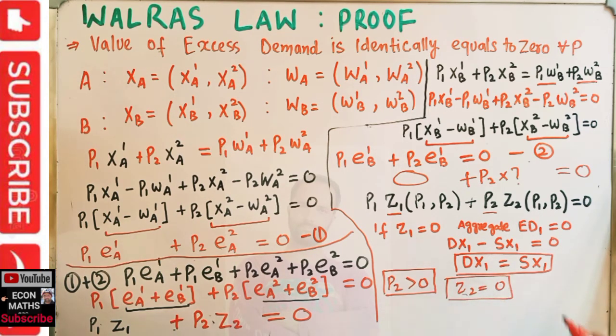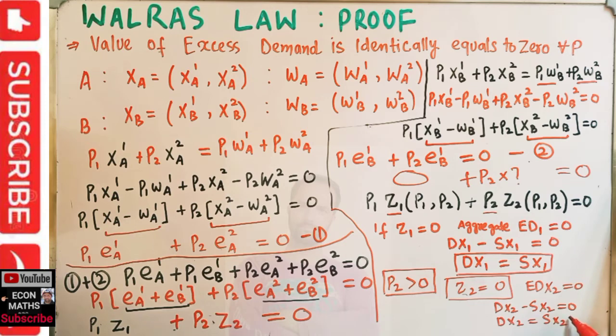By z2 being equal to 0, we mean excess demand of good 2 is equal to 0. That means demand of good 2 minus supply of good 2 is equal to 0, so transposing, demand of good 2 is equal to supply of good 2.